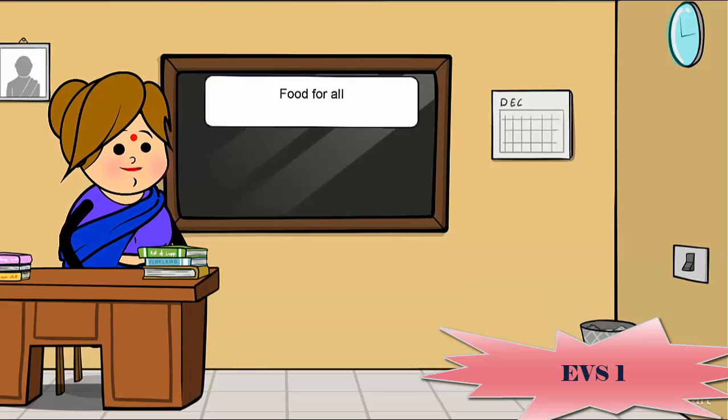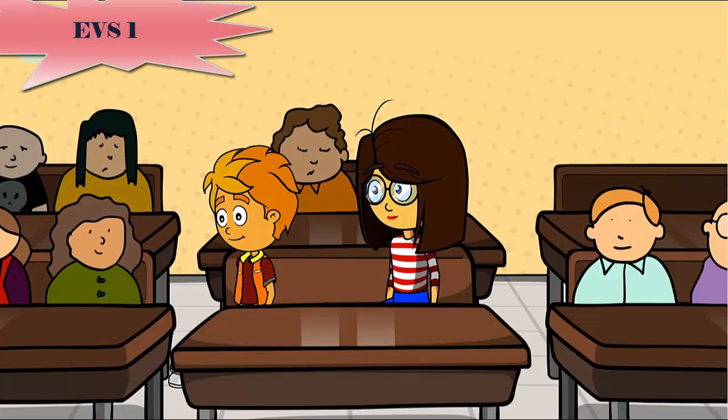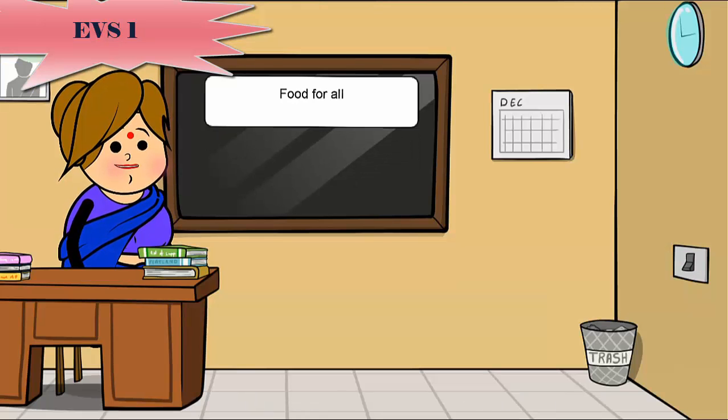Now tell me, which are the modern methods of irrigation? Ma'am, there are two modern methods of irrigation. First one is drip irrigation and another one is sprinkle irrigation. Very good, students.